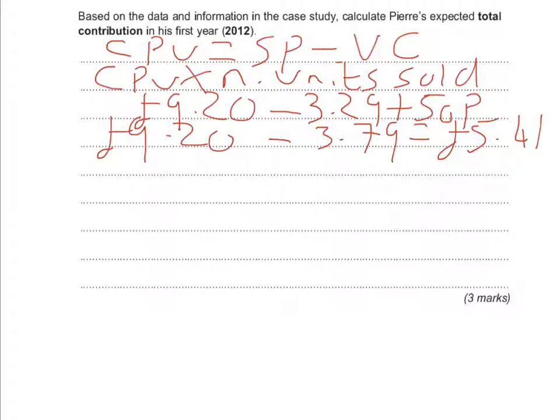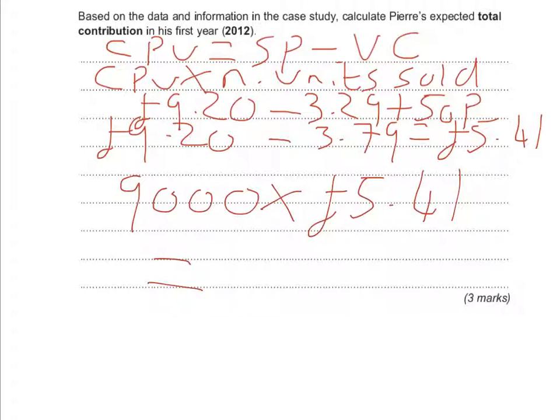Now that we have the contribution per unit, we can work out the expected total contribution. The total contribution is just the number of units expected to be sold, which in this instance is 9,000, multiplied by the contribution per unit, which is £5.41. So this gives us a total contribution of £48,690. For 3 marks, if the pound sign has been omitted, you lose a mark.